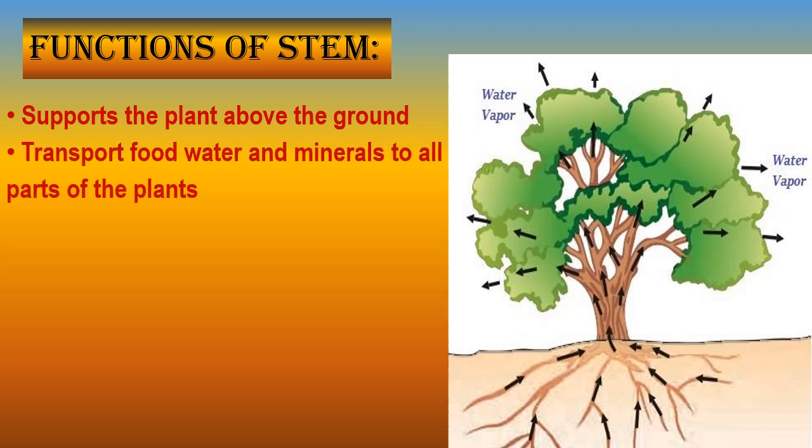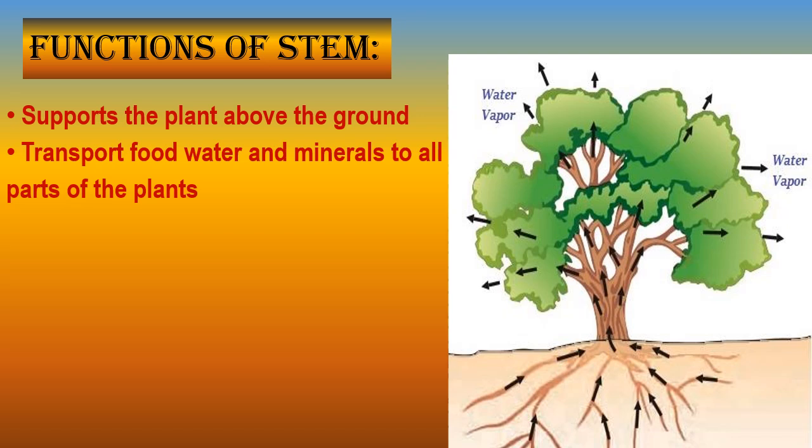Stem transports water, food and minerals to all parts of the plants. As I have discussed earlier, roots soak up the water and nutrients from the soil. So stem transports all of these nutrients and water to the other parts of the plants.